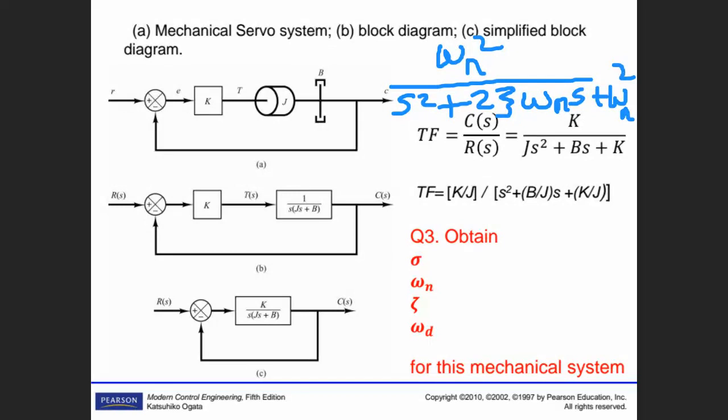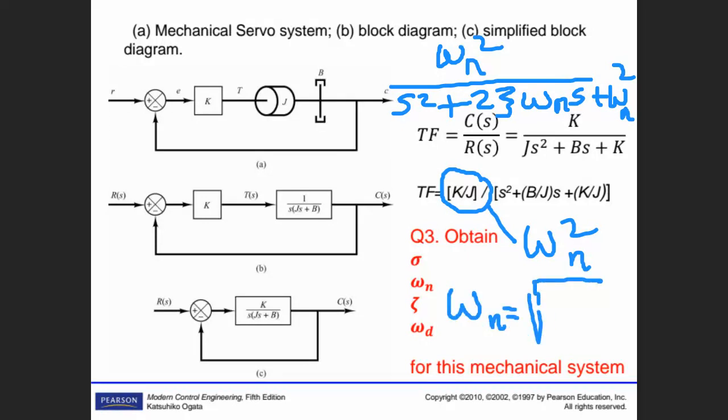So that one here is omega n square. So omega n is actually omega n, k over j.